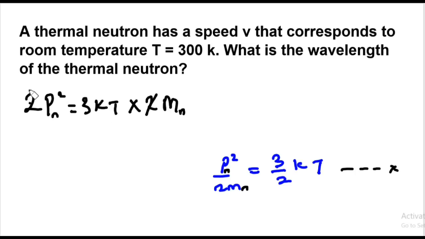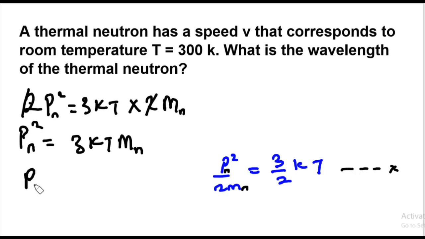This can cancel, and I have that the momentum of the neutron squared is 3kT m_n. To make this standalone, we square root both sides, so we have p_n equals the square root of 3kT m_n.